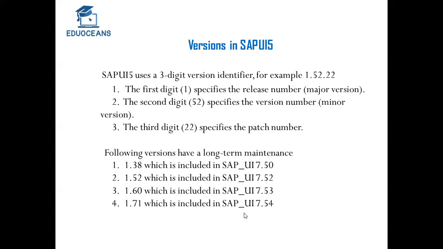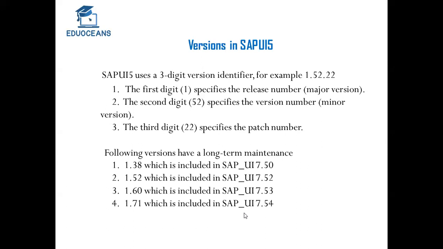Suppose I want to deploy an application on the SAP Fiori Launchpad, and your SAP UI5 version matters. When you create the template at the start, there is a provision to select the SAP UI5 version. Suppose in that case you select the version as 1.52, and your Fiori system is of 1.38.